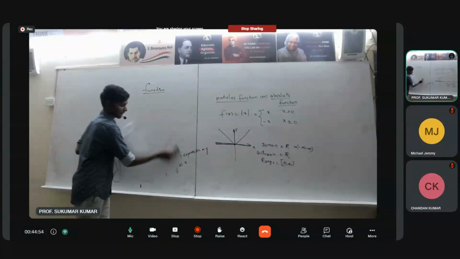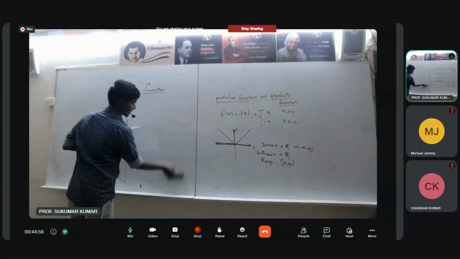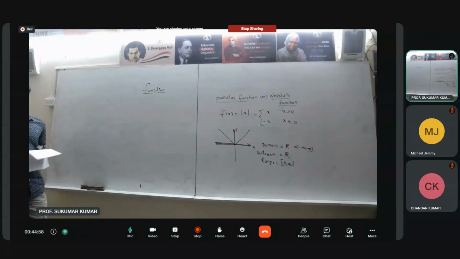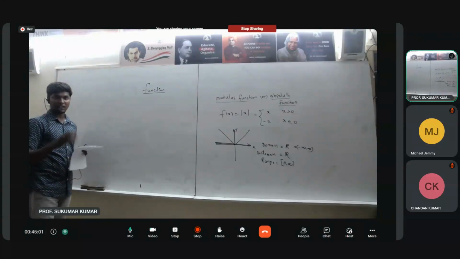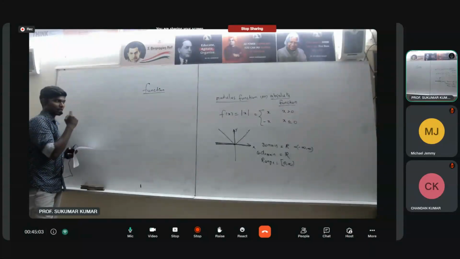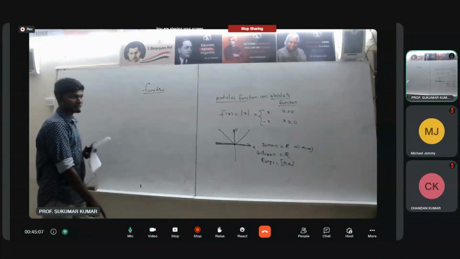Moreover, a one-one function is also called an injective function, another name, and onto means a surjective function. One-one and onto means a bijection function also, because I wrote bijection only.